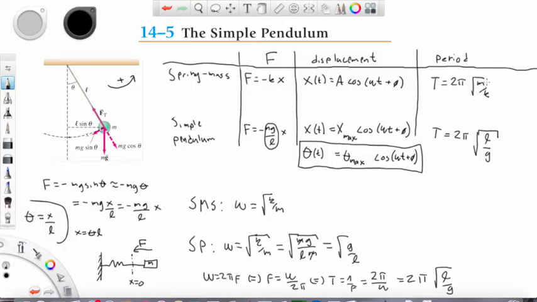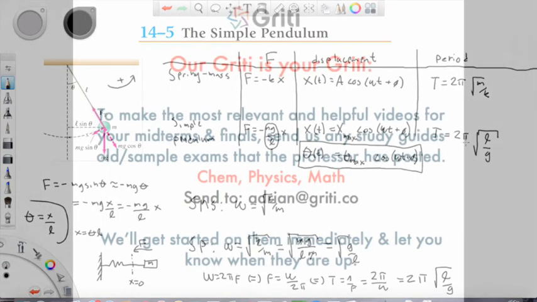So for the spring mass system, there is a mass dependency on its period, but for the simple pendulum, there isn't. Otherwise, they are very similar in behavior, in the sense that they are both examples of simple harmonic motion.